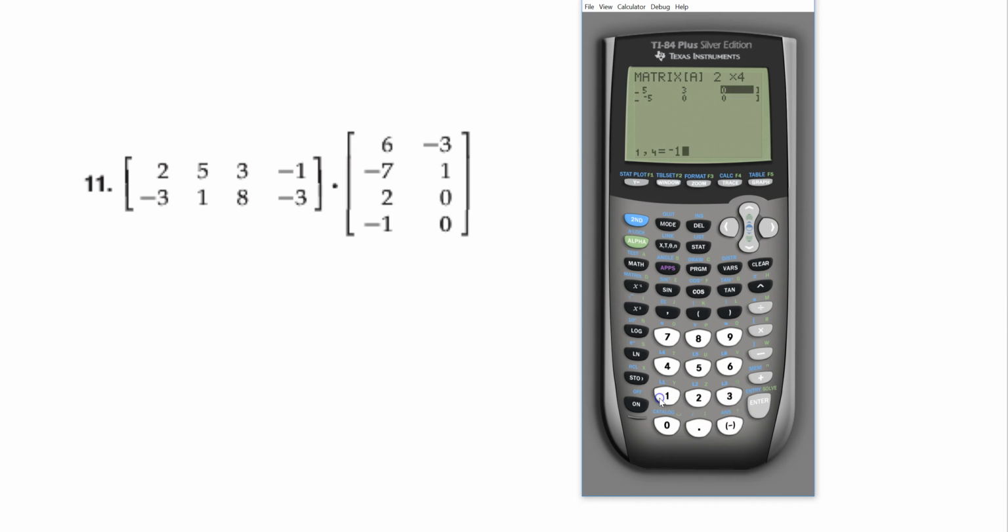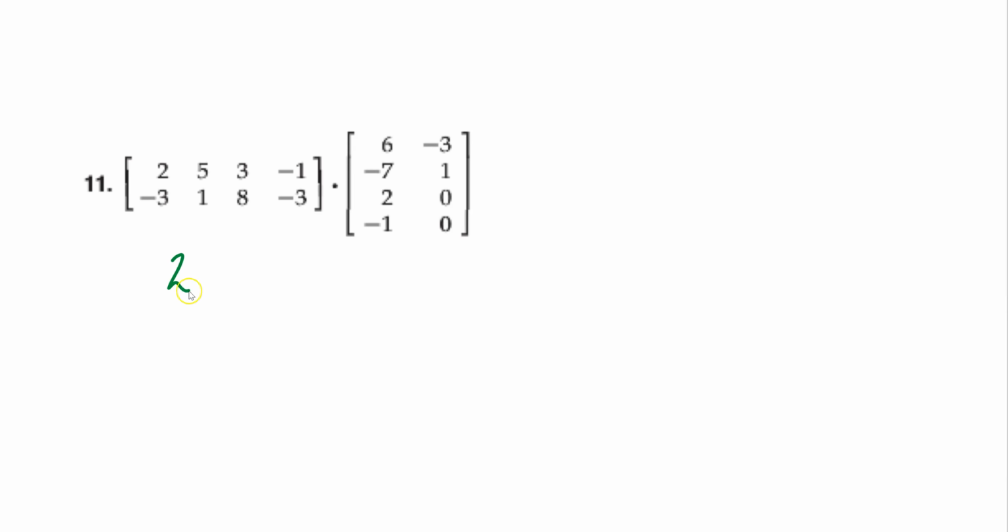Negative 3. So that's in. And I'm going to go back and edit the other matrix. This is a 4 by 2. And actually, before I even do this, I should check if I can multiply them. They can be. This is a 2 by 4, this is a 4 by 2.